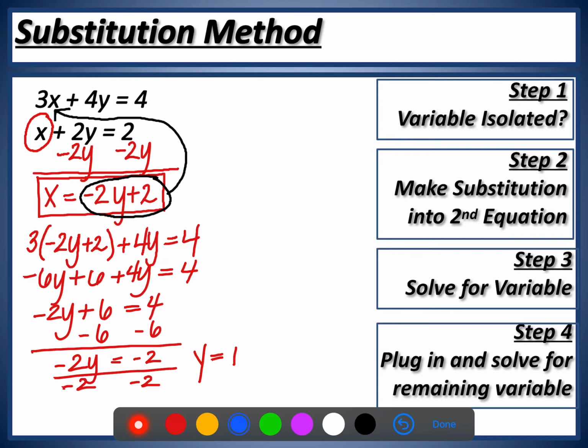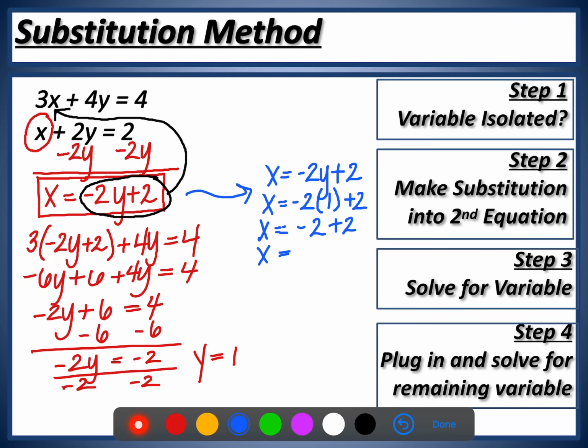You can either use one of the originals or you can use your rearranged. I'm going to use the rearranged equation since it's already solved for x. I just have to plug in the value of my y and evaluate. So my final answer is an ordered pair 0, 1.